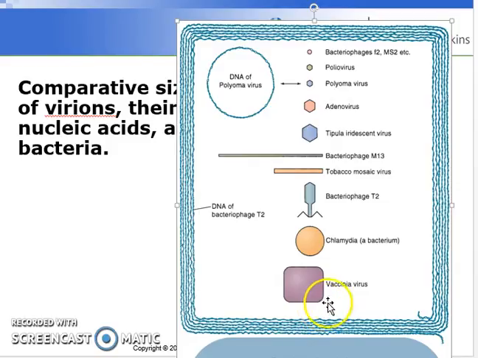The vaccinia virus, as you can see, is a bit larger than the chlamydia bacteria, primarily just to show you the range in terms of the size and comparison of what these virions are like. So depending on the bacteria type, you may have some that are smaller than specific viruses, like the vaccinia virus.